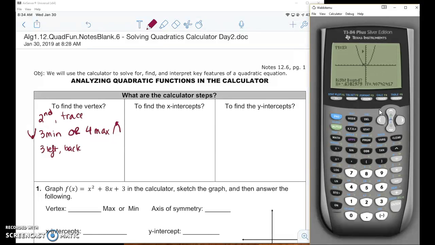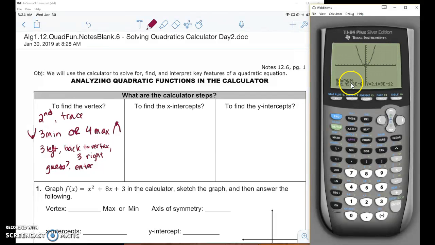I go back to the vertex, and then I go 3 to the right. Enter. When it asks me to guess, I press enter one more time. And it gives me the vertex.